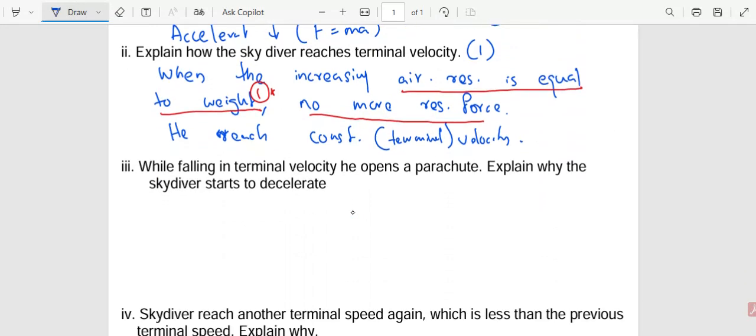Next one, while falling at terminal velocity, he opens the parachute. Explain why the skydiver starts to decelerate.